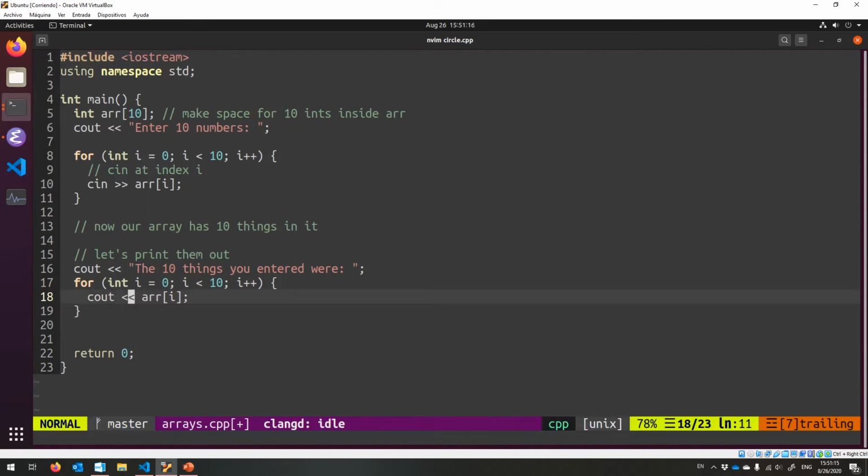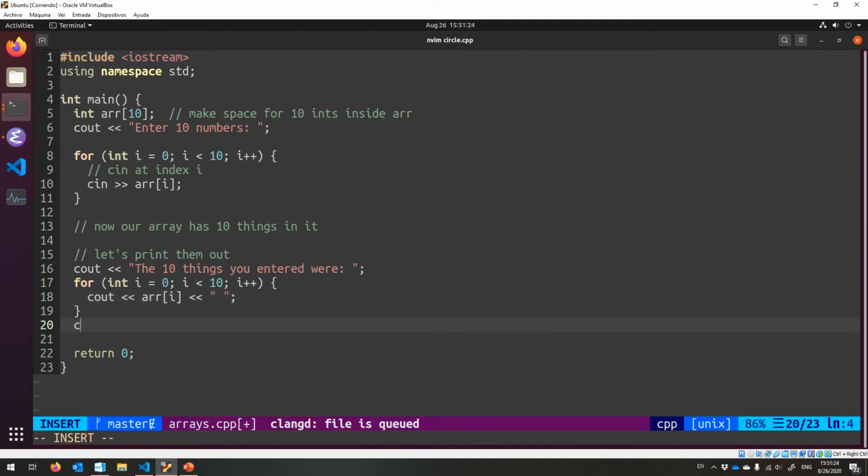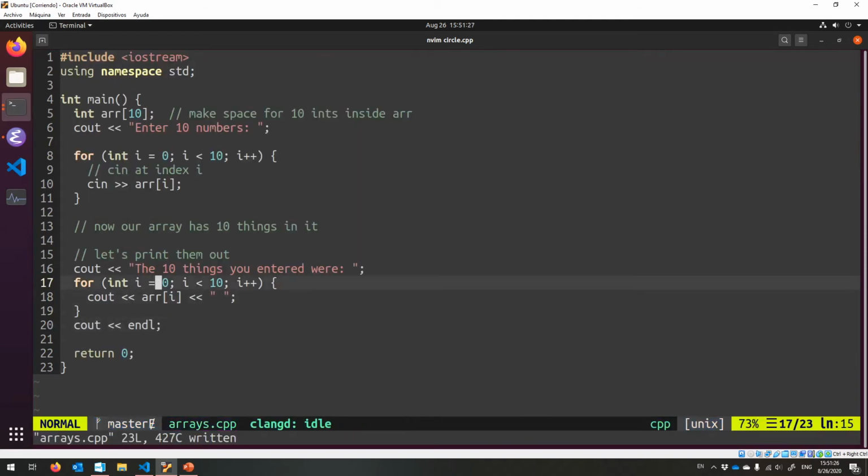Yeah? And maybe we'll space separate them. And then finally a new line at the very end. So this will just print back out those 10 things that the user gave us.